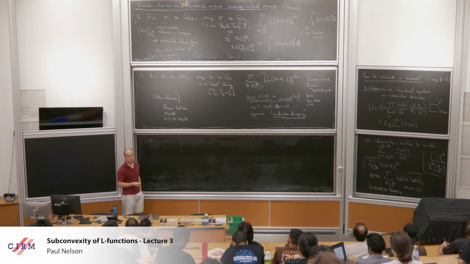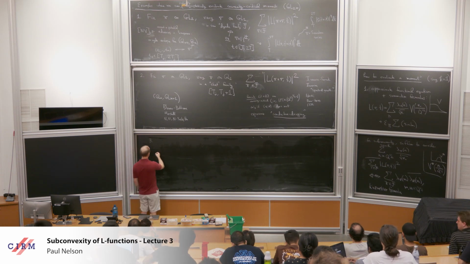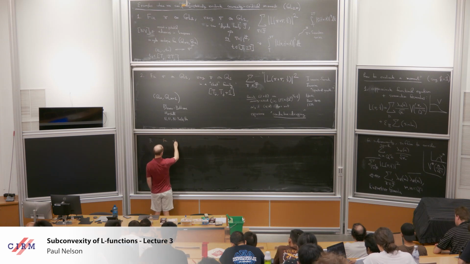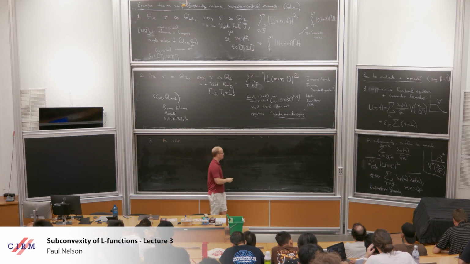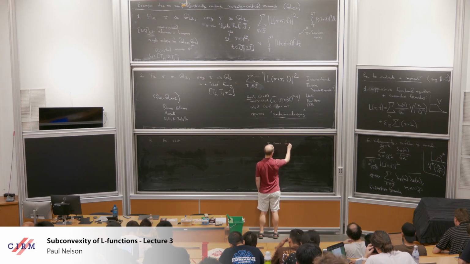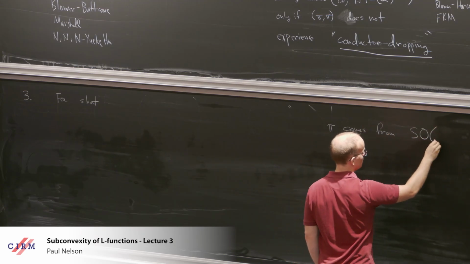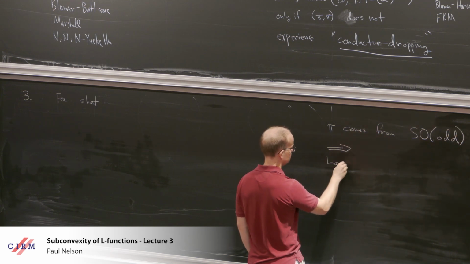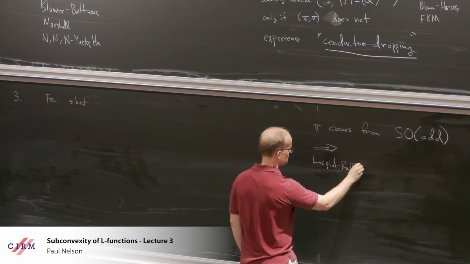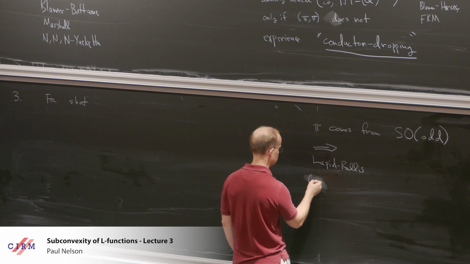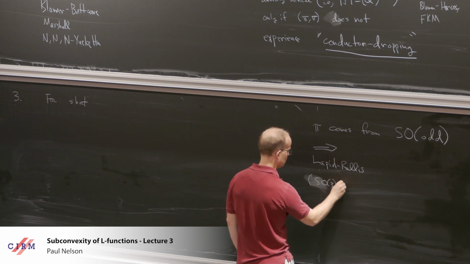Okay, so then another class of methods comes from the following fact. So if pi in some sense comes from an automorphic form on some odd special orthogonal group, then there's this result of Lapid and Rallis. So it's known, in the case that I'm, for SO3, it's due to Waldspurger.